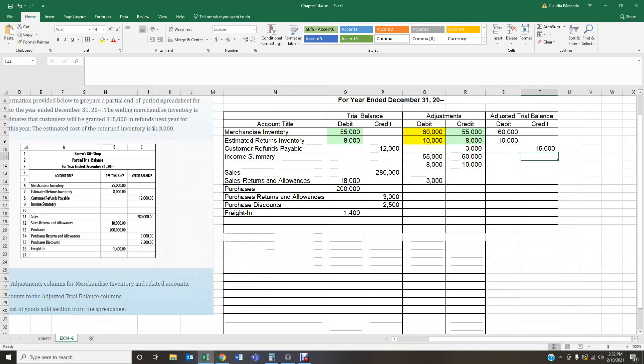Now for income summary, I've got 55,000 debit and 60,000 credit, and then I've got 8,000 and 10,000. Okay, so I'm just gonna go ahead and copy these over exactly how they are. I'm not gonna tabulate them yet.